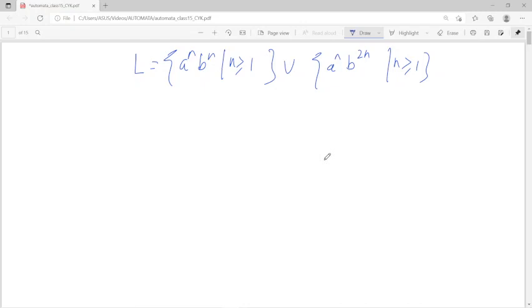this a to the power n and b to the power n, তাহলে আমরা এটা করেছি কিভাবে, যে a যদি থাকে, z0 যদি থাকে, তাহলে a z0 we can push, and আর যদি a থাকে এবং stacked up a থাকে, a আমরা পুশ করতে পারি, right?